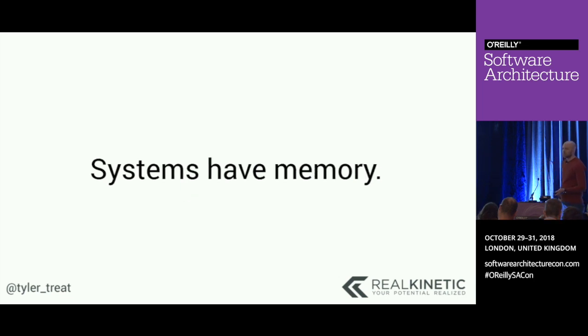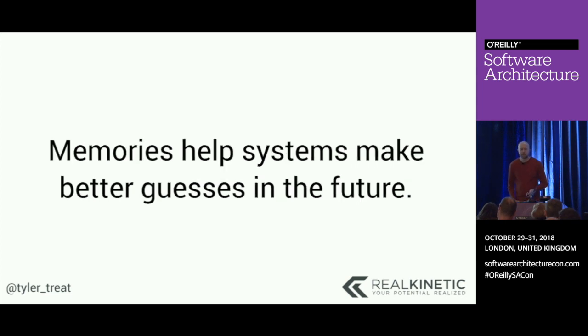And systems have memory, not in the sense of RAM, but in the sense that they remember facts and they remember guesses that they've made. Those memories help them to make better guesses in the future. We can store more memories at the cost of more money. We can survey other systems' memories at the cost of more latency.